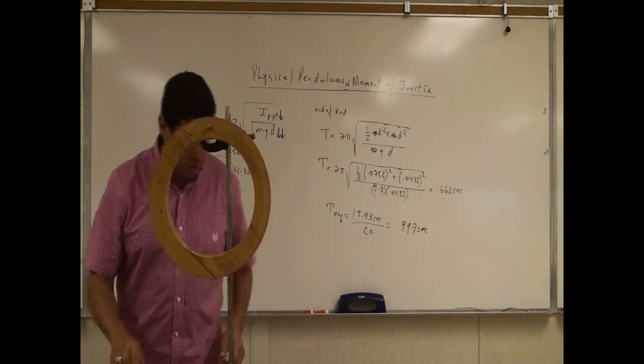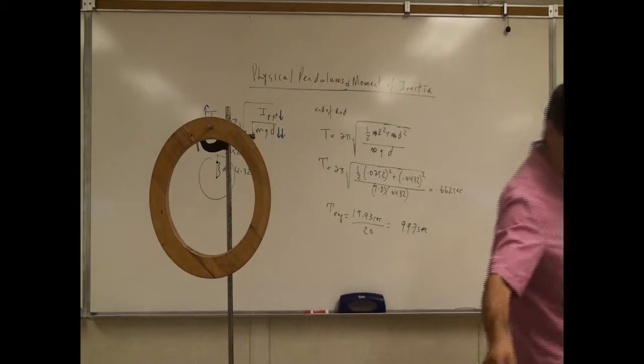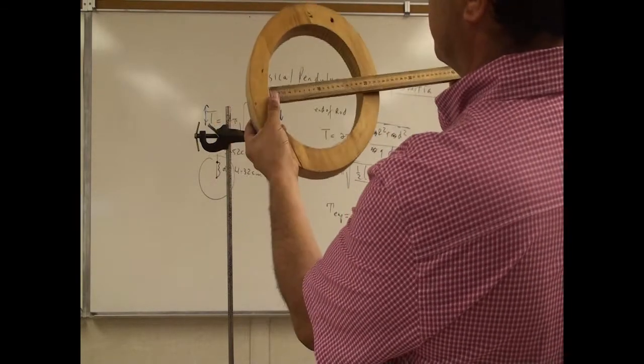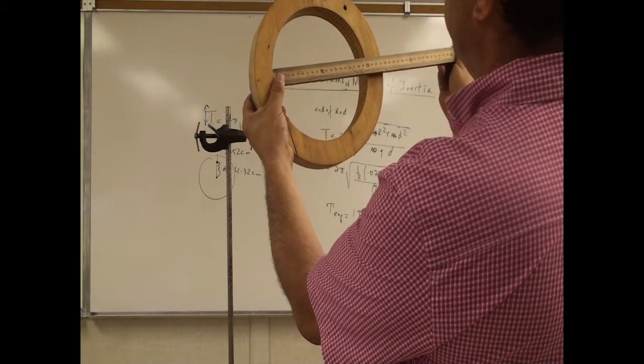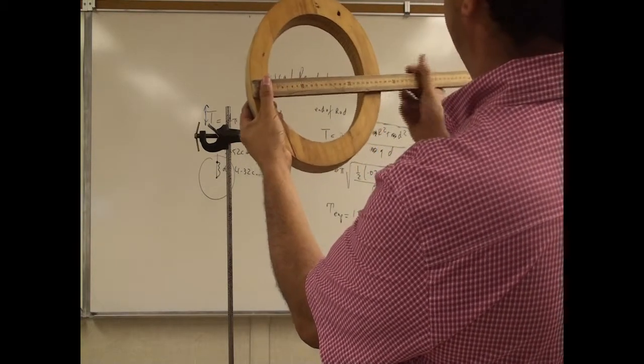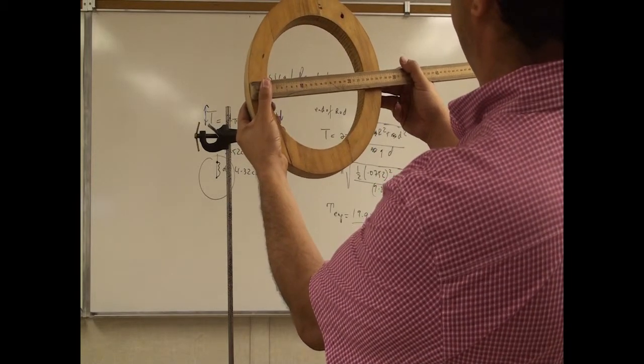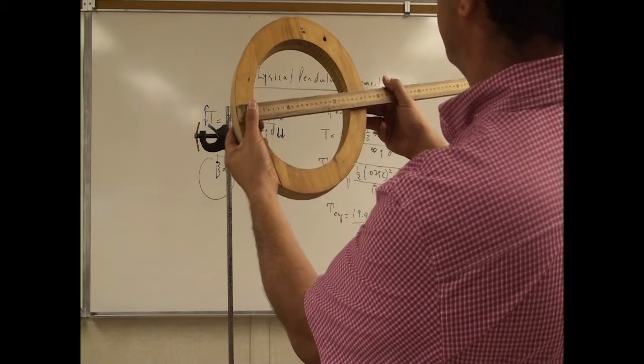Well, now I need to measure the inner radius and the outer radius, right? Diameter is going to be roughly about 20 centimeters, right? 20 centimeters is the inner diameter, and then 27.4 centimeters is the outer diameter.